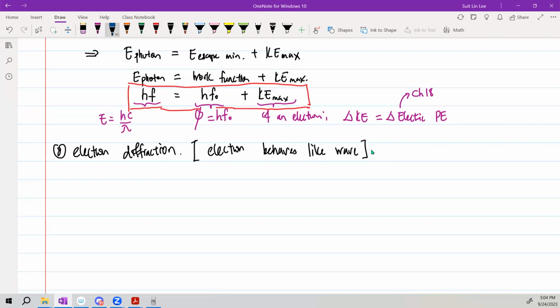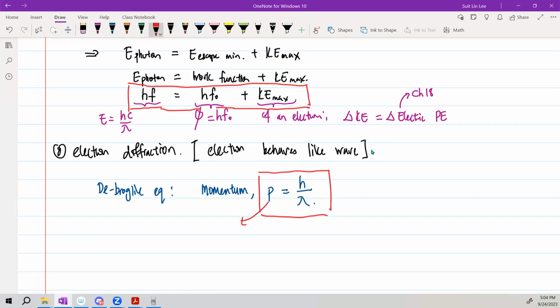Welcome to quantum physics. Okay, so for electron diffraction, the equation that we're going to use is the de Broglie equation. Momentum of an electron p is equal to Planck constant divided by lambda. This equation is very tricky.